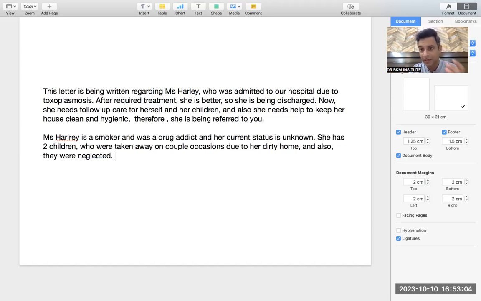The last paragraph, the discharge paragraph, does not talk about her boyfriend, so I don't have to mention it. That is how you save data. She is a heavy smoker and also has numerous cats in her home.